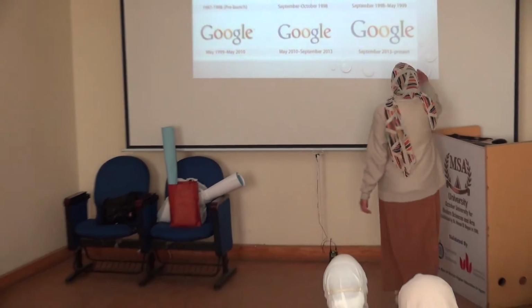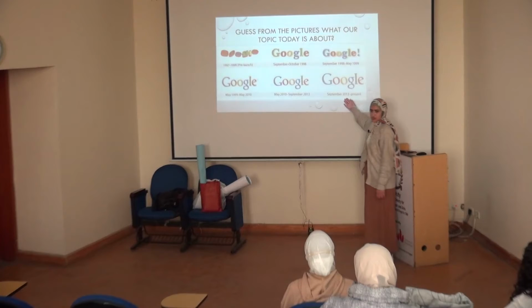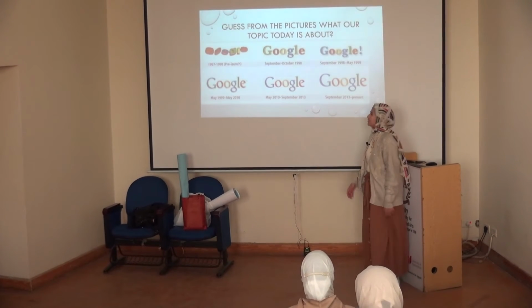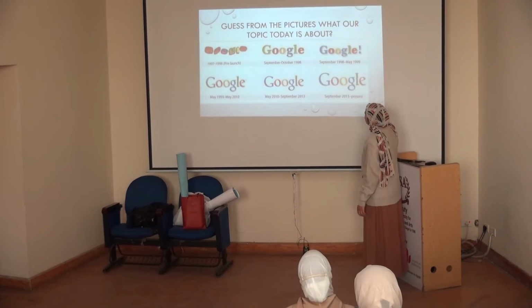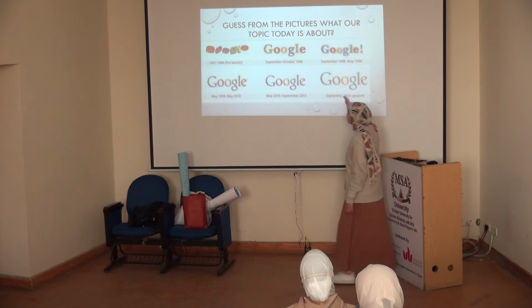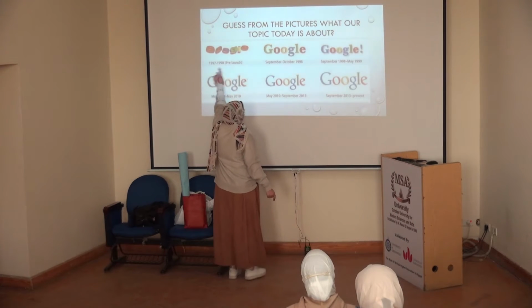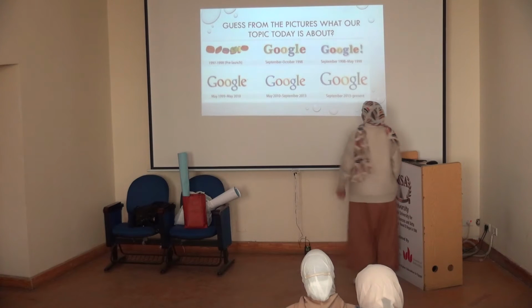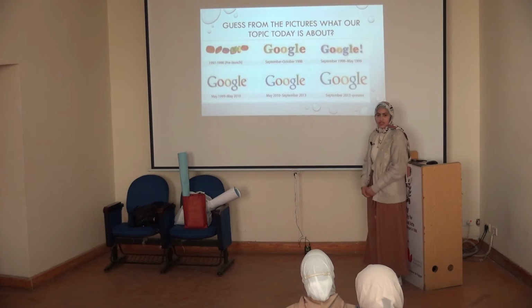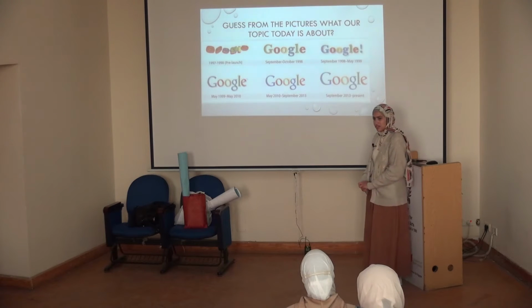From these pictures, do you know what this logo is? It's a Google logo. Excellent. What has changed, for example, from 1997 till today? The logo of the search bar or Google. Yes, for example. And the colors.